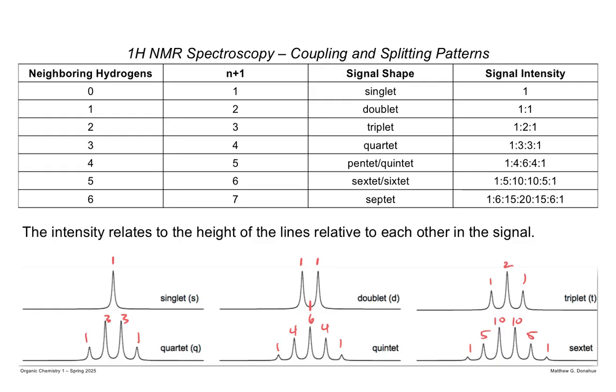And then as I mentioned, after your spring break, when we come back, the other thing we're going to look at is this distance, the distance between the lines. And that's given the notation J. That means coupling. So it's called a coupling constant.